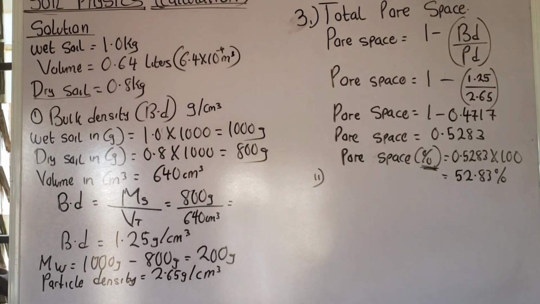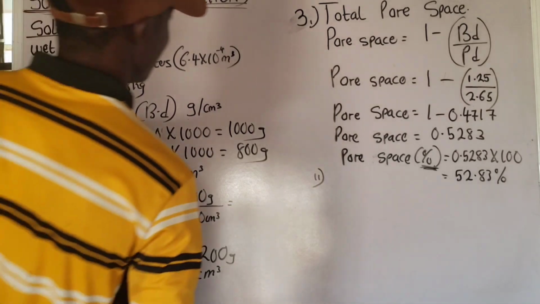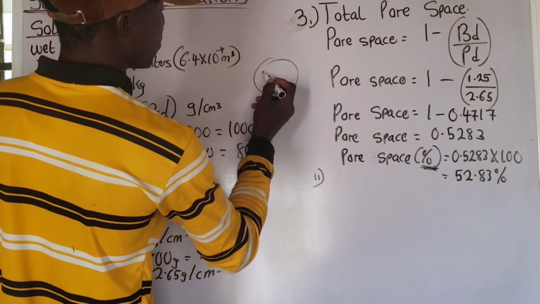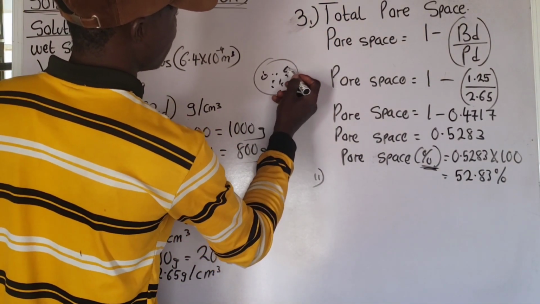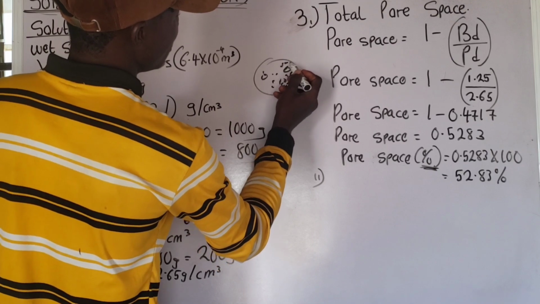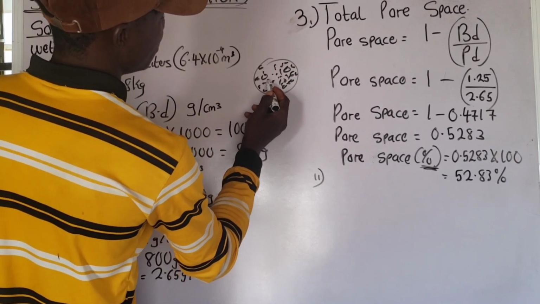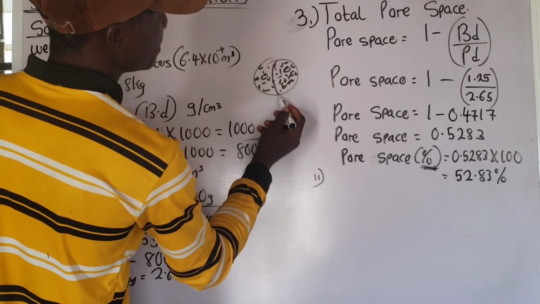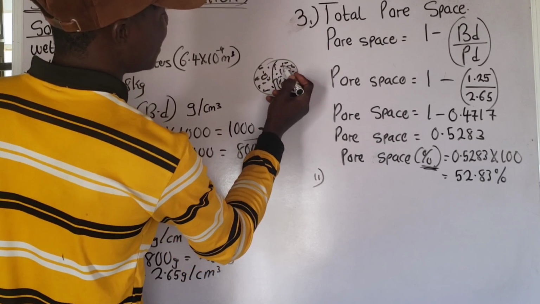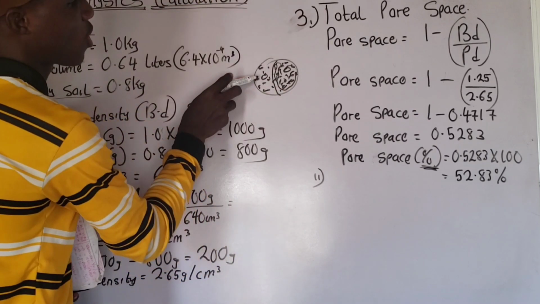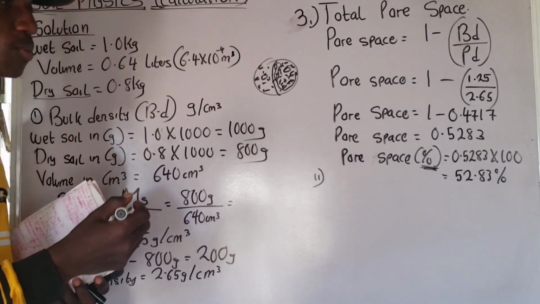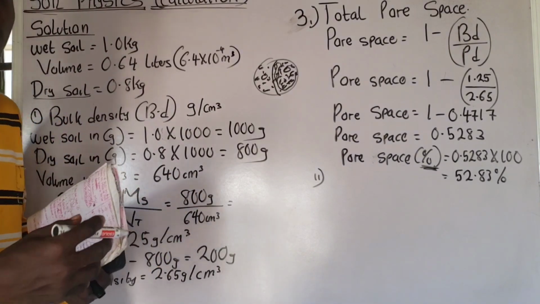This implies that, let's say we have a soil. Please pay attention. Let's say we have soil here. You know that there are some spaces. Let's say half of this soil is occupied by water and air. And because this place is solid, no matter how solid a soil is, there will still be some spaces.